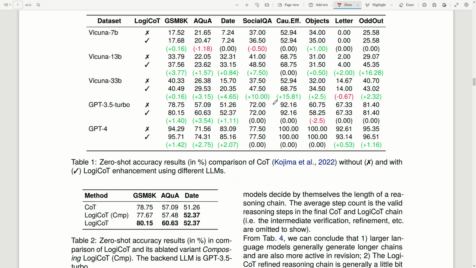This logical chain of thought framework was evaluated on diverse language tasks in various domains, including arithmetic, commonsense, symbolic reasoning, causal inference, etc. For the math reasoning task, they took the GSM8K dataset, which contains grade school mathematics questions, and AQuA, which is algebraic question answering.